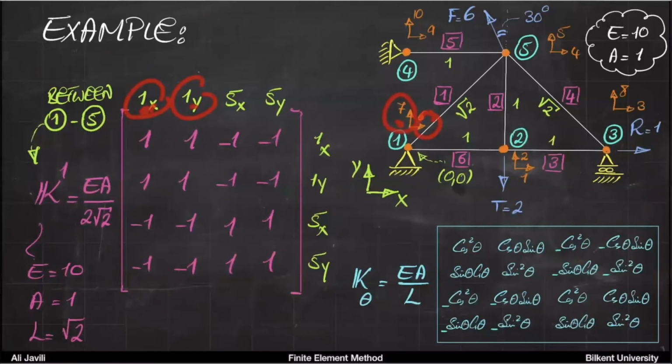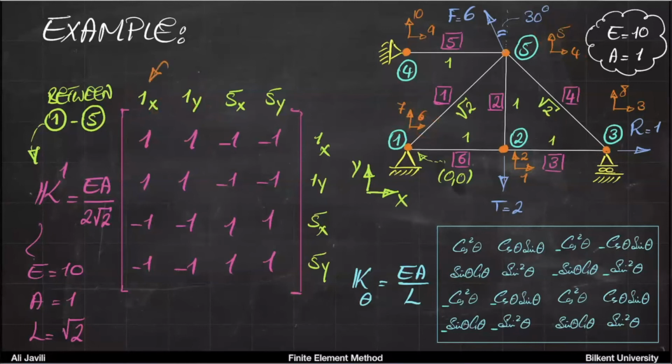The global degree of 5x is 4. The global degree of 5y is 5. Yes. So that's how we want to play this game.